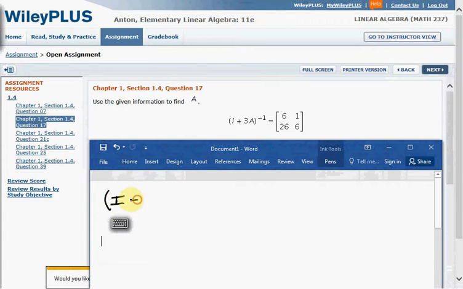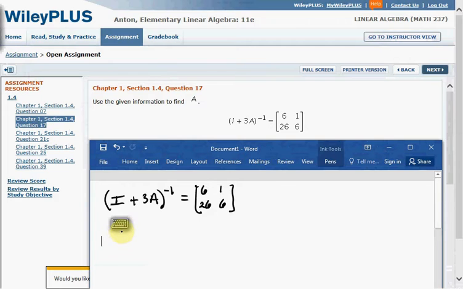The identity plus 3 times some matrix A, the inverse of that is equal to some matrix, 6, 1, 26, and 6, for this example.